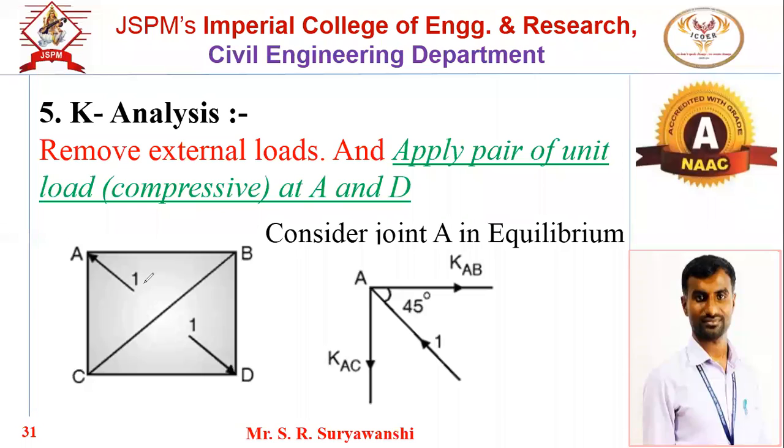Now the next point we have to remember. Star it or note it down. If the truss is internally indeterminate or internally redundant, in case of K analysis, don't find out the reactions.